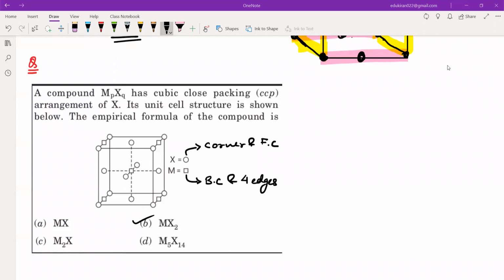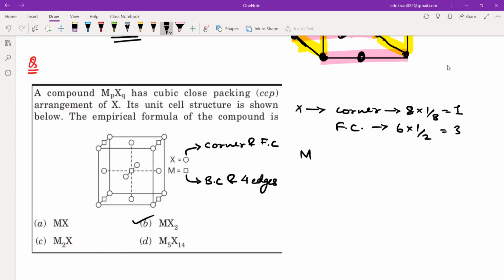So if I want to look at, let us write first x. So x is at the corner. Hence it is present in all the corners. So 8 into 1 by 8, which will be equal to 1. It is also present in the face centers, in all the 6 faces. This will give me 6 into 1 by 2, which is equal to 3. Then moving on to m.